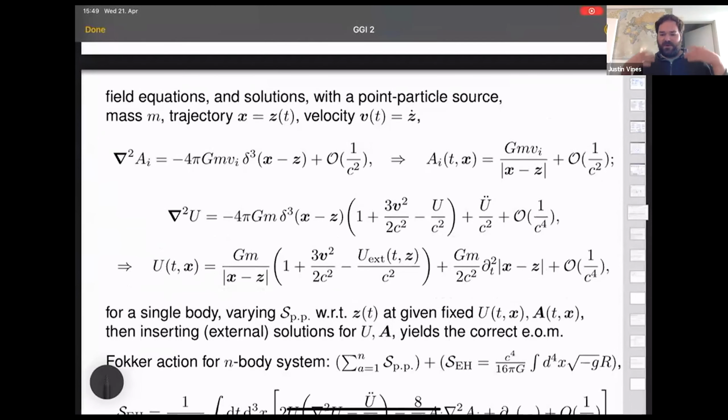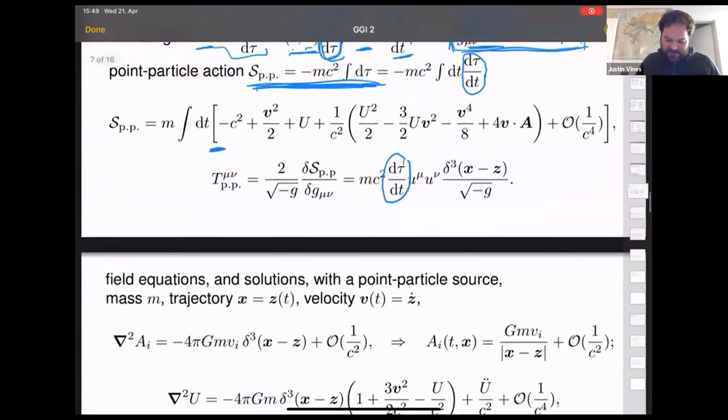So what's next? We have solved the field equations, but we still haven't said anything about what these world lines do. How do we get equations of motion for the world lines? Well, we mentioned above that essentially these world lines should be doing geodesic motion, or an action for these world lines should be given by essentially what we were writing down here, this point particle action.